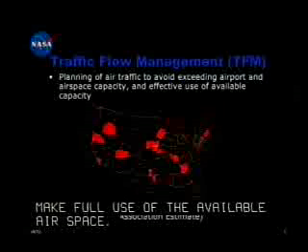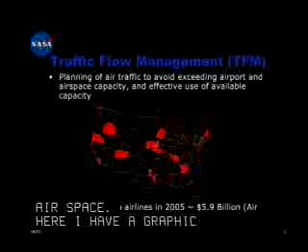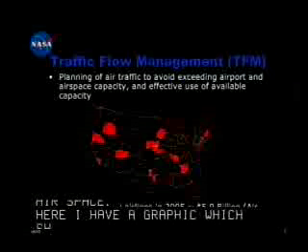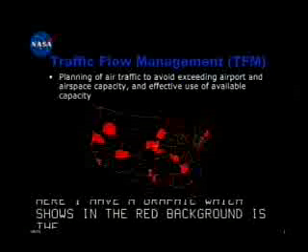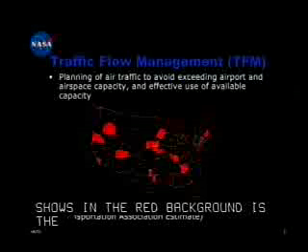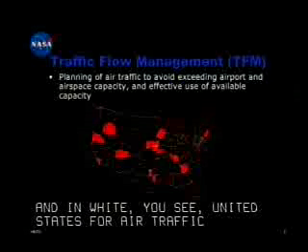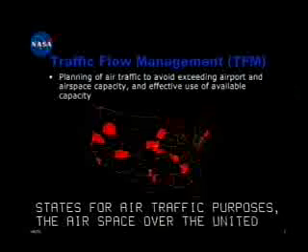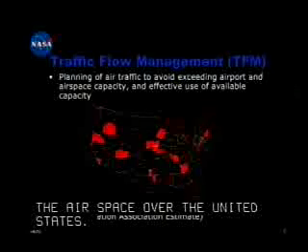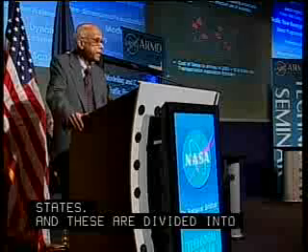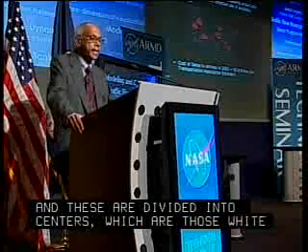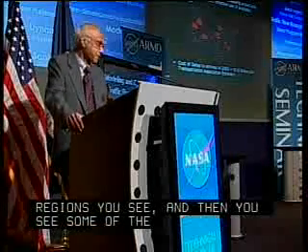Here I have a graphic which shows in the red background the geographical United States, and in white you see the United States for air traffic purposes, the airspace over the United States. And these are divided into centers, which are those white regions you see. And then you see some of the areas being colored red.